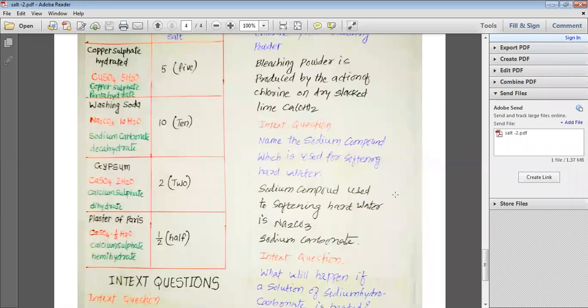Okay. Then what is the chemical formula for hydrated copper sulfate? CuSO4 5H2O. Very good. What is the chemical formula for washing soda?